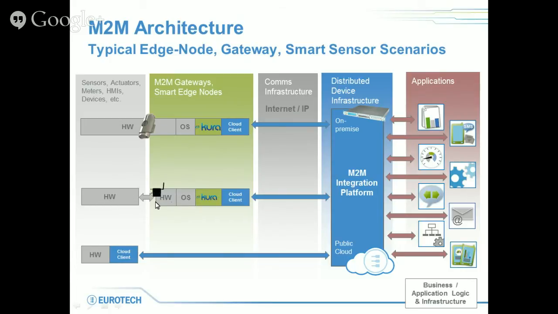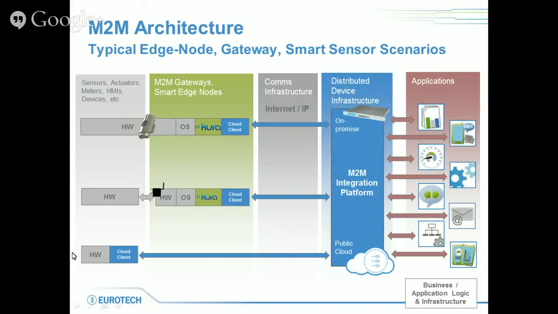But then still you can transform these simple devices into smart devices by embedding into the gateway the intelligence that is given by Kura. So Kura finally is either the intelligence of a smart sensor or the intelligence of a smart gateway that communicates with simple sensors and makes the communication with a cloud platform possible, and which normalizes the communication with the business applications, that is the big IoT space.